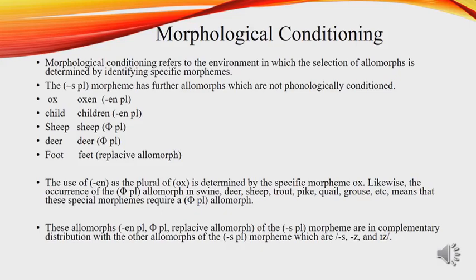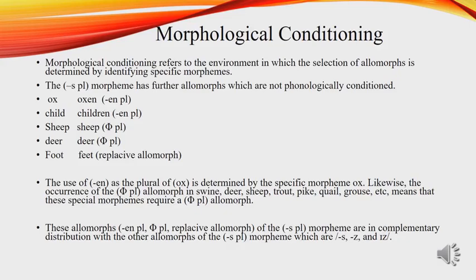Ox, oxen. Ox is the singular form, but oxen is the plural form. And because oxen is plural, it means that we have S plural in this word. The S plural here comes as en, and it is called en plural.